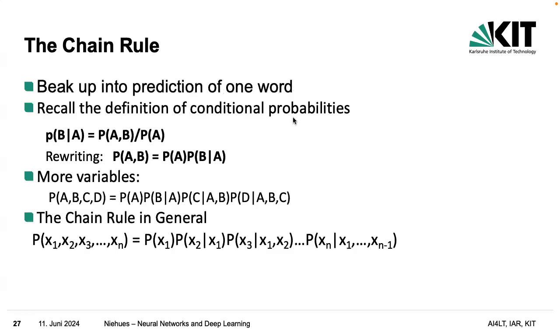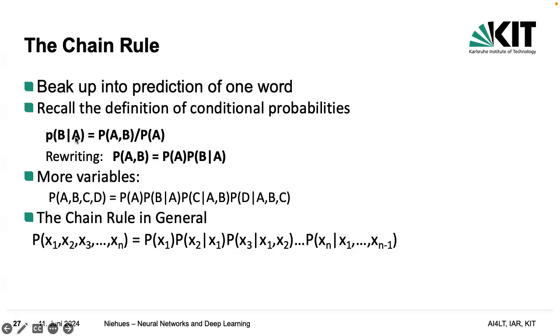And there we can use a chain rule that tells us how probable a sequence of two words, A and B, is. The probability that you first write A and then you write B is the probability that you first write A times the probability that you write B, given that previously you have written A. This is just a reformulation of the conditional probability.